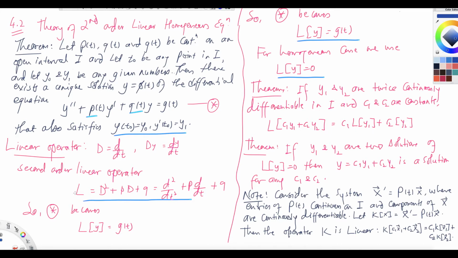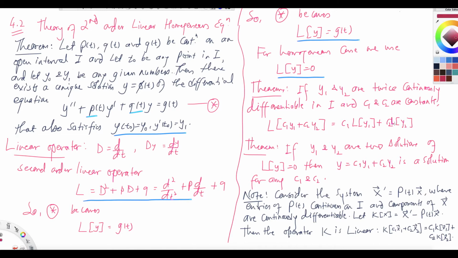What does that mean? If y1 and y2 are twice continuously differentiable functions in I, and c1 and c2 are constants, then L can be distributed: L of c1 y1 plus c2 y2 can be written as c1 L y1 plus c2 L y2.